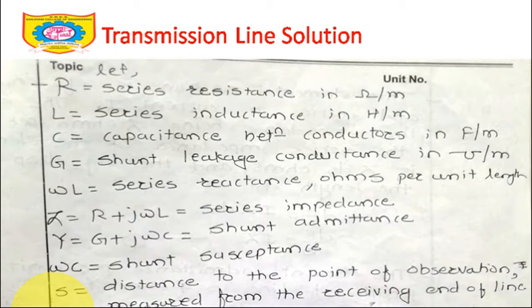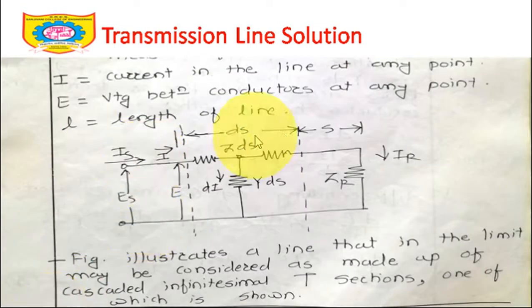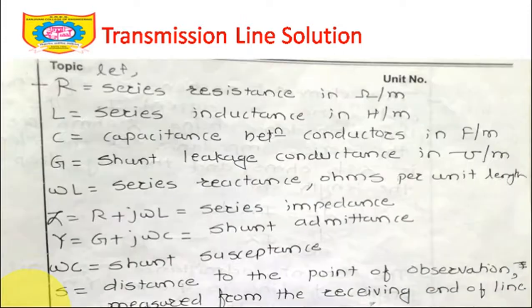Definitely, the current at this particular point is not exactly the current at this particular point, because there will be a voltage drop across this impedance, there will be a voltage drop across this admittance, and finally we are getting a current. So current IS entering and current IR, which I am able to observe at the load, are not the same. So this is the meaning.